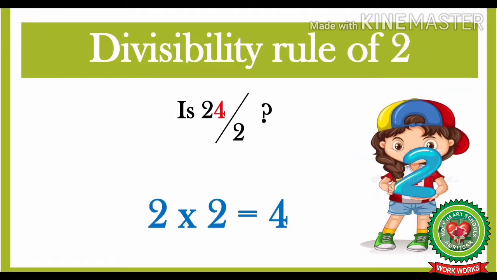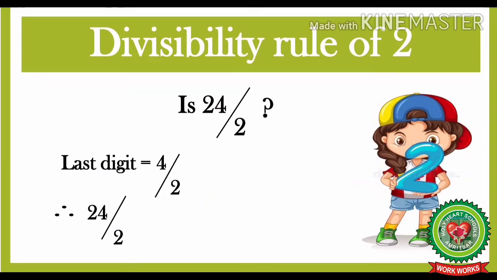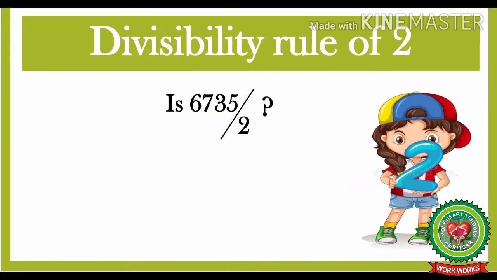Yes, 4 comes in the table of 2. 2 2s are 4. That means 4 is divisible by 2. So, according to the rule, since the last digit, that is 4, is divisible by 2, then the whole number, that is 24, is divisible by 2.